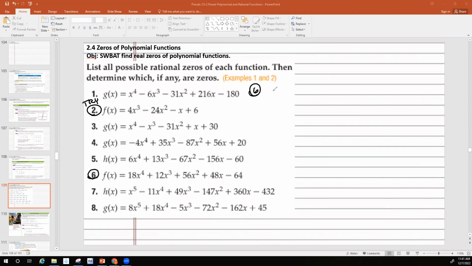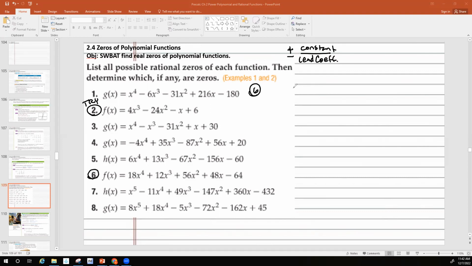So what we want to do is take our constant, let's put it up here, constant over the lead coefficient. That's how we're going to find the possible zeros, and we're going to put plus or minus, so it could be positive, could be negative.